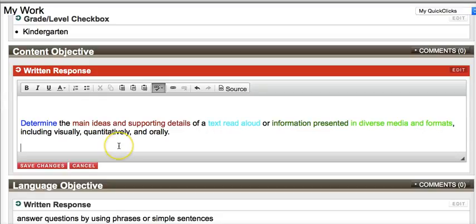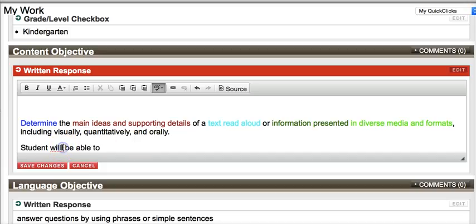So in this case, if they've already read something, given this, that we looked at this, it's going to be diverse media formats. One of the formats can be a text. It says visual, quantitative, and orally. I'm just going to use a text here because that's just how I'm giving it to them right now. So what do I want the students to do? So the students will be able to what?